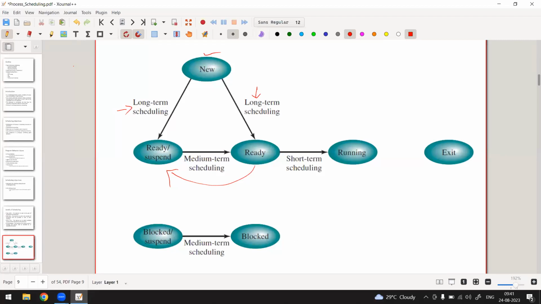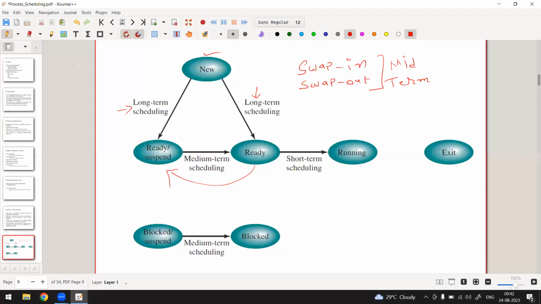So when the process is ready, but for some time it is not able to execute, and due to memory problems it has to go out of the memory, this swapping is done by the mid-term scheduler. Wherever you see swap in or swap out operation, it is always done by the mid-term scheduler.